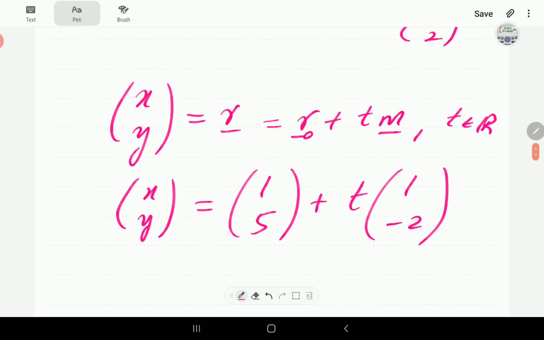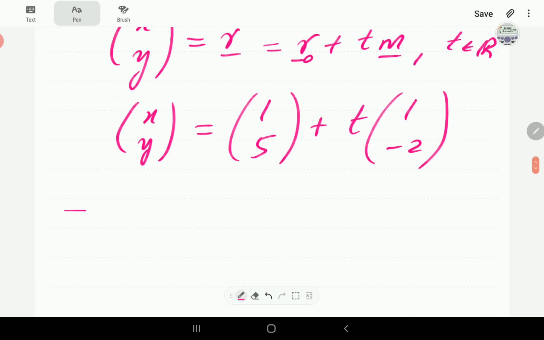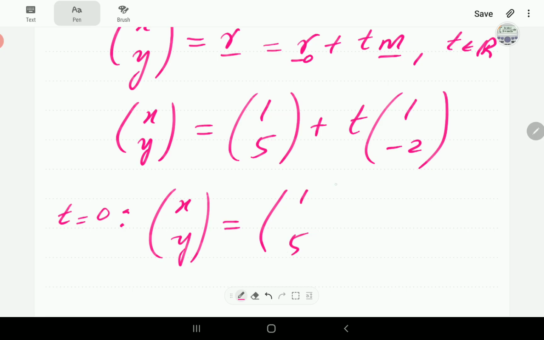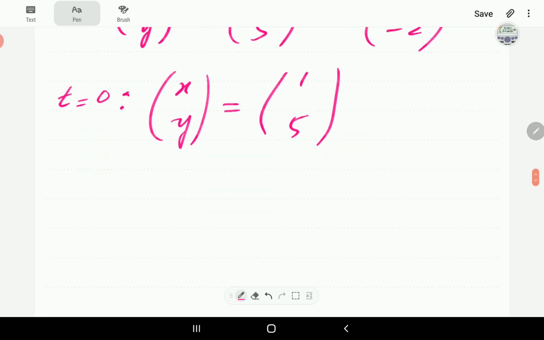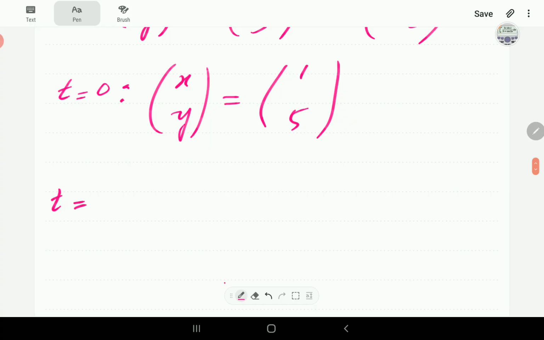Okay, let's do a few examples. When t equals 0, for instance, this is going to give us the vector (1, 5), which we know lies on that straight line. I'm just going to do integer values of t.